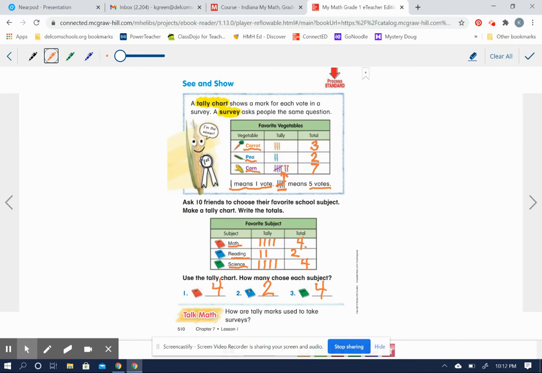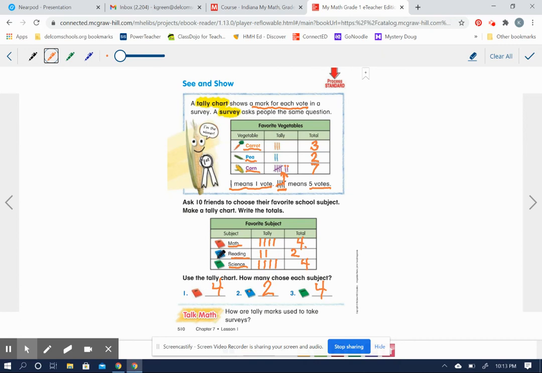reading. Okay, and so here's our question that they want us to talk about: how are tally marks used to take surveys? How are the tally marks used? Okay, I hope you remember that up here, one tally mark is for each vote.